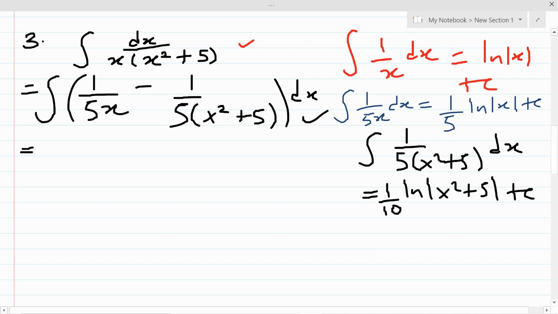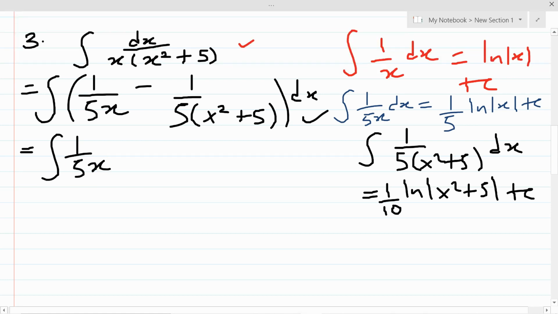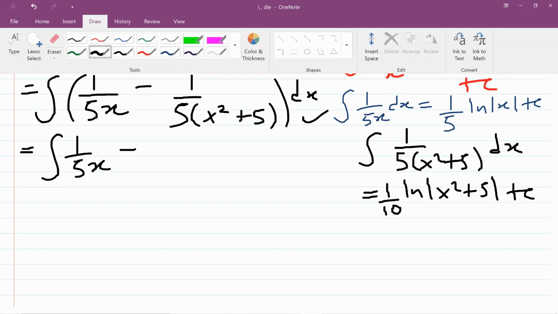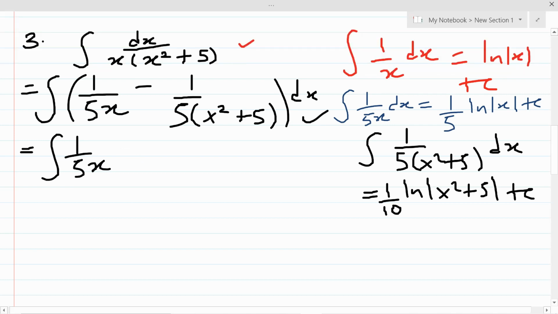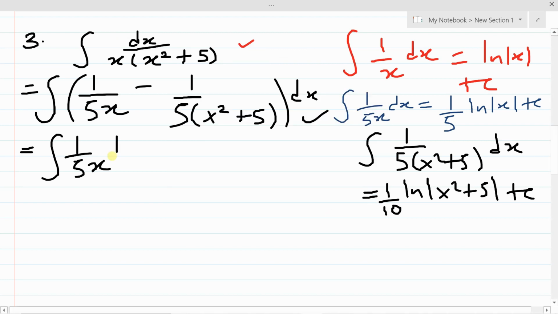And now we said this is equal to the integral of 1 over 5x, then let's write our dx first, dx, then minus the integral of 1 over 5 x squared plus 5 all dx.